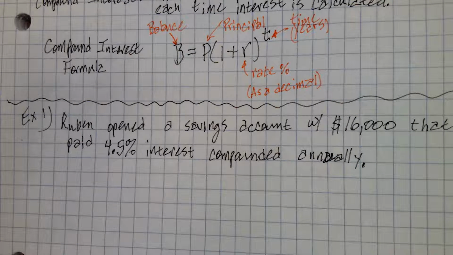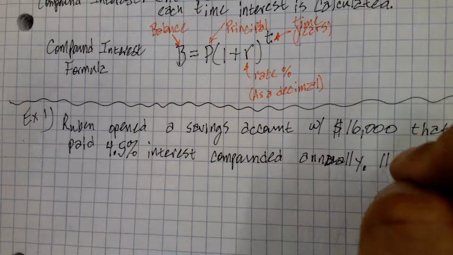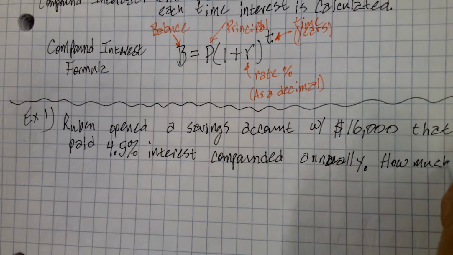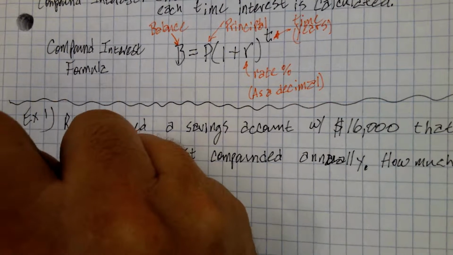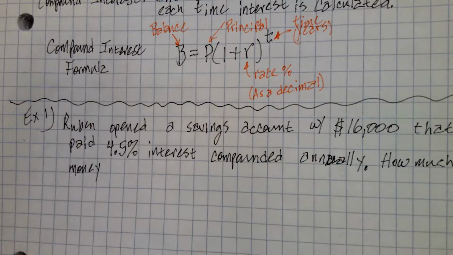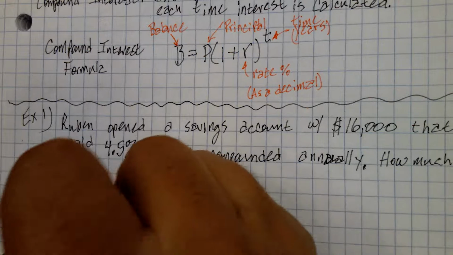And the question is, how much money will he have after 9 years? Now, this is maybe a special type of account because no one gives you 4.5%.